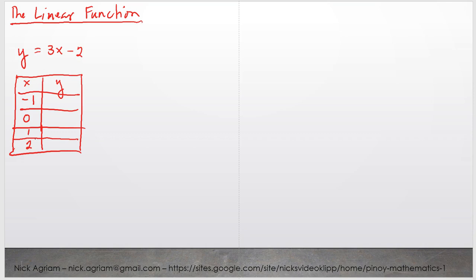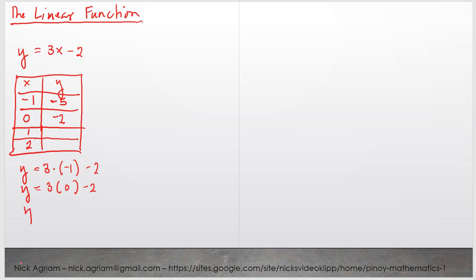And then to evaluate that, that means you have y is equal to 3 times -1 minus 2. So we have -3 minus 2, then we have -5 there. Next is 3 times 0 minus 2. That means 3 times 0 is 0, minus 2 is -2.